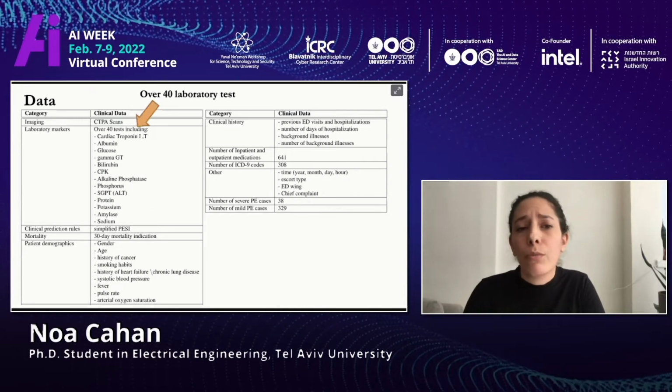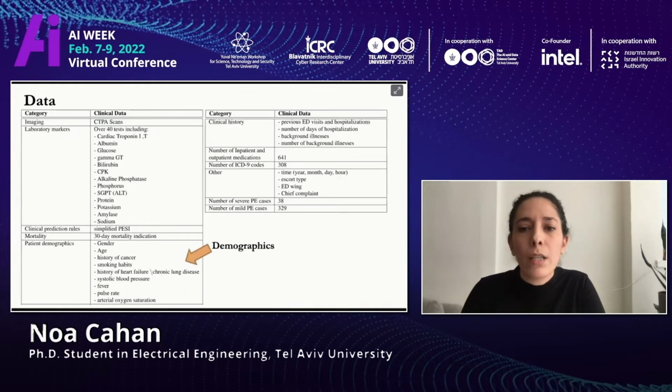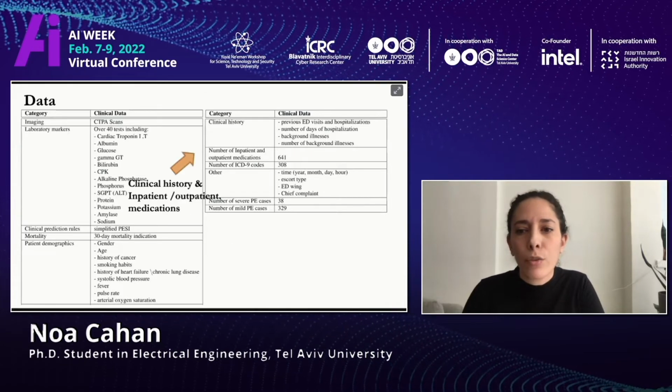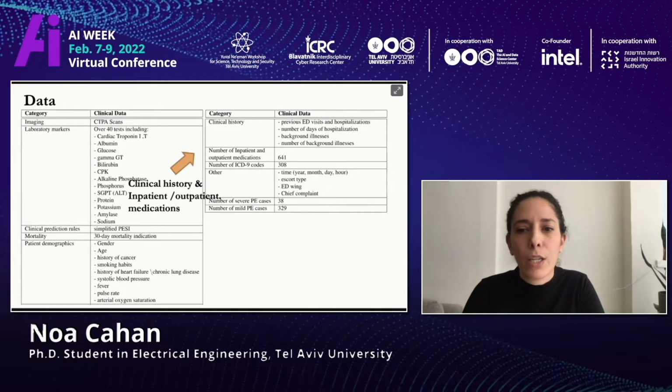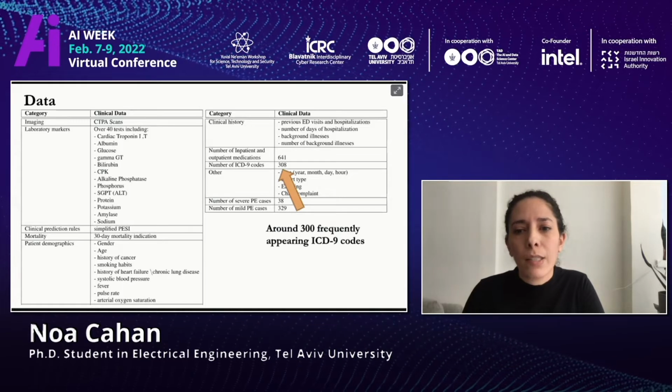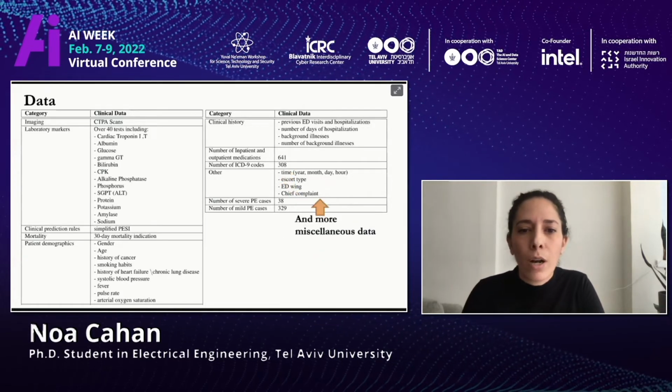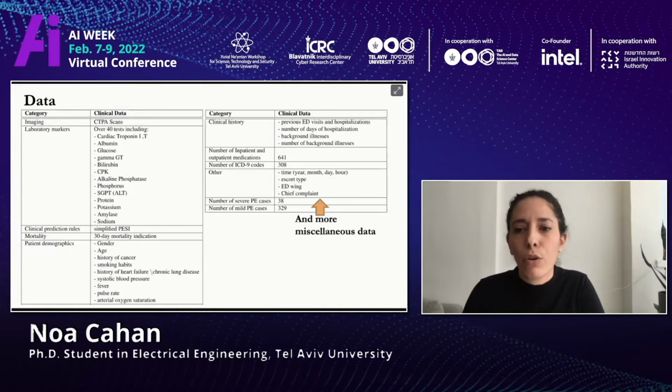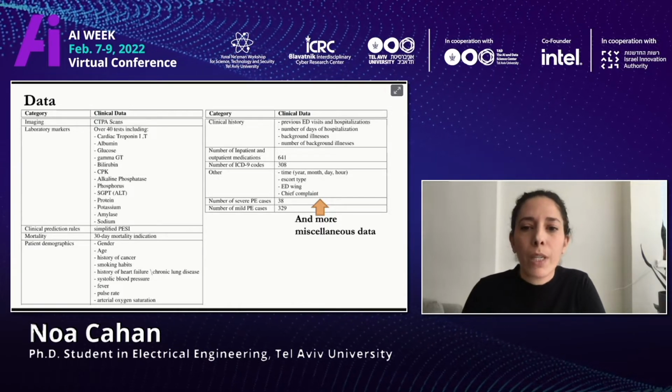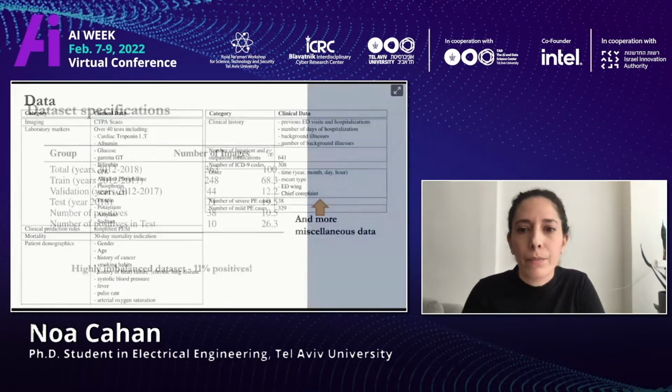We have more than 40 laboratory tests, demographics, clinical history, and inpatient and outpatient medication, around 300 ICD-9 codes, and more miscellaneous data. For example, we have the time of arrival of the patient, or even which ED wing he arrived at.